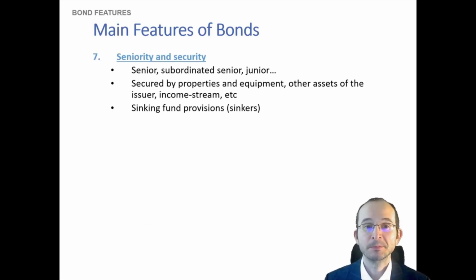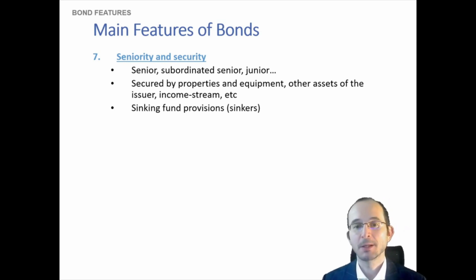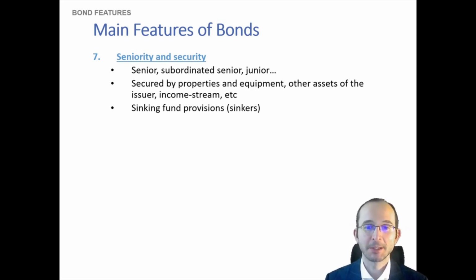Now, another important dimension of bonds is seniority and the security that underlies the bond. So bond seniority, just as we know that bonds supersede preferred stock and preferred stock supersedes common stock from our financial assets lecture in terms of priority of repayments, within the bond class, there is yet another ranking of priority.